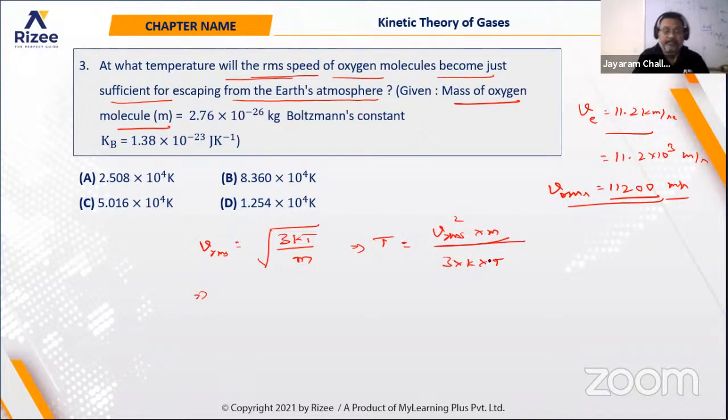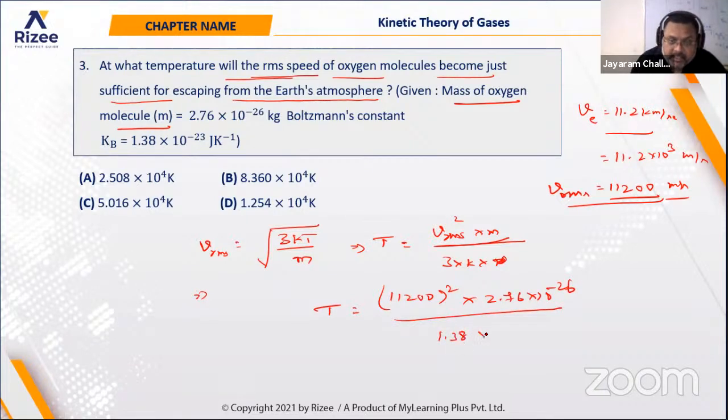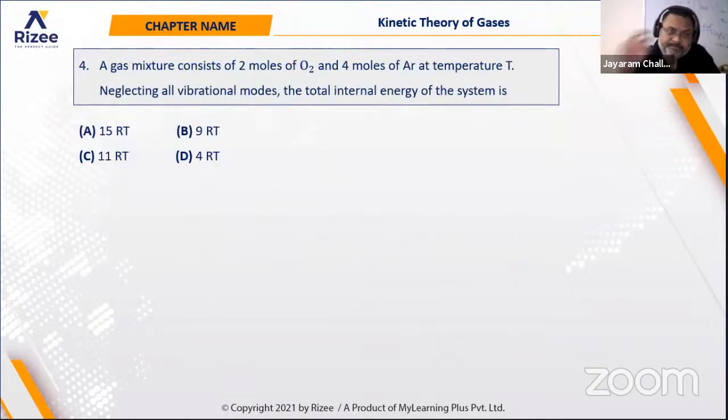So temperature T is equal to VRMS, that is 11200 whole square, into small m value, which is 2.76 into 10 to the power of minus 26, by your Boltzmann constant 1.38 into 10 to the power of minus 23. Now solve it, please. And 3 is also there here. So it's one hell of a question, heavy calculations. Okay, so this is how you need to solve this one.